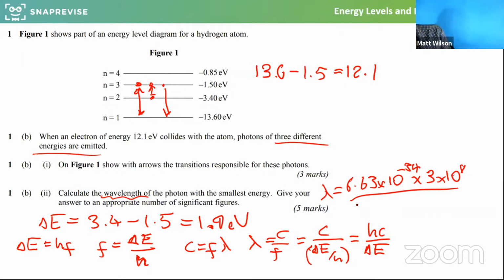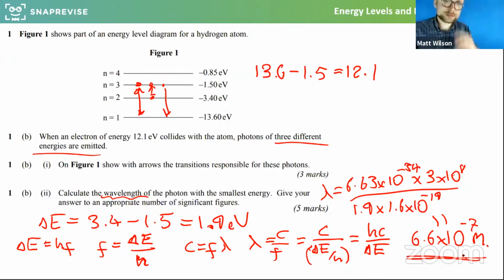The change in energy is 1.9 electron volts multiplied by the conversion from electron volts to joules, and each electron volt is 1.6 times 10 to the minus 19 joules. So we can put all of that into a calculator, and you should get around 6.6 times 10 to the power minus 7 meters. And that's the final answer for the wavelength.